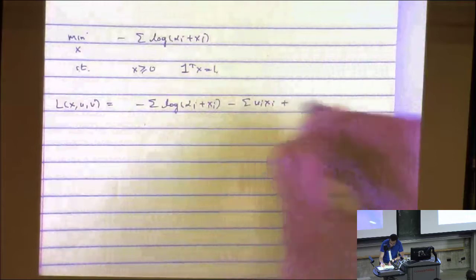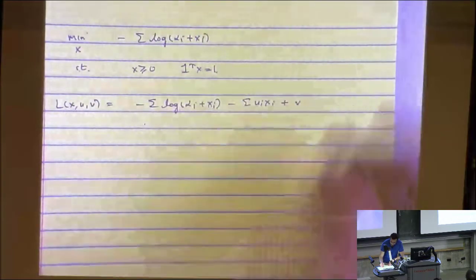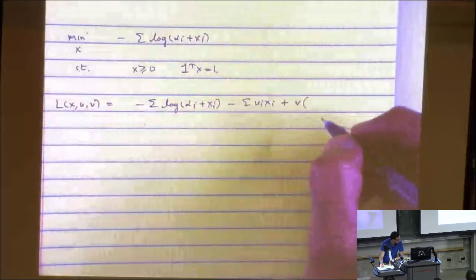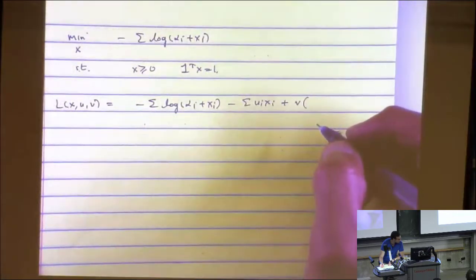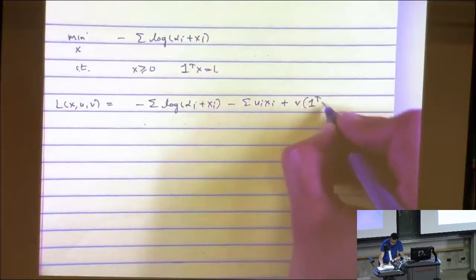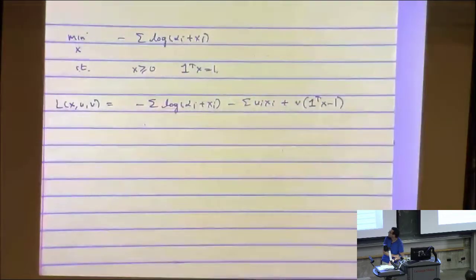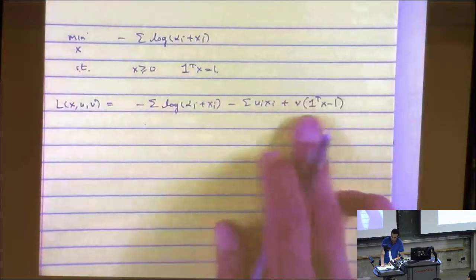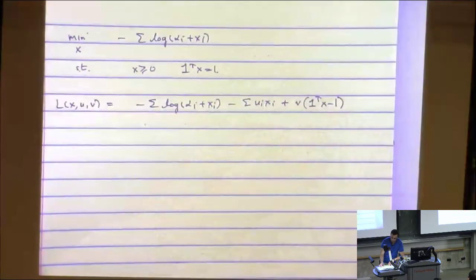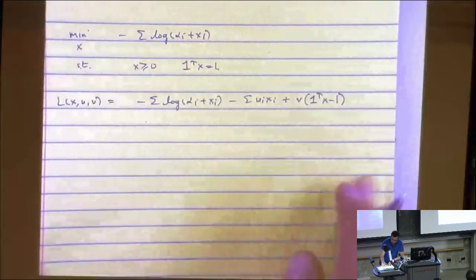And I just have one equality constraint, and so I have one additional dual variable v. It doesn't matter what sign I choose, but I'll just match the slides. Looks like I chose this. This is my equality constraint. This must be equal to 0. That's my L function, in the notation from before.